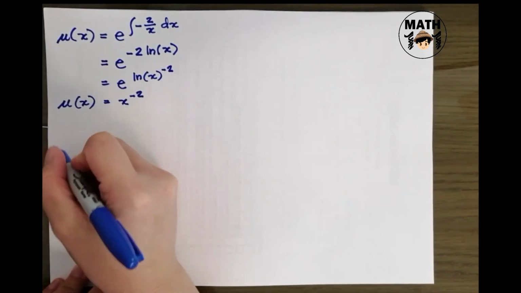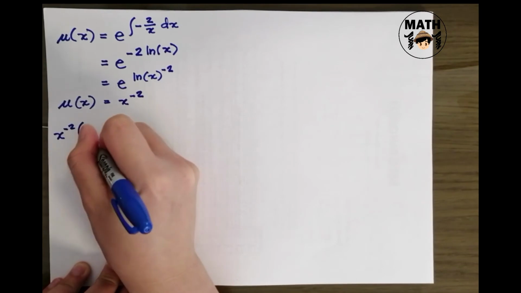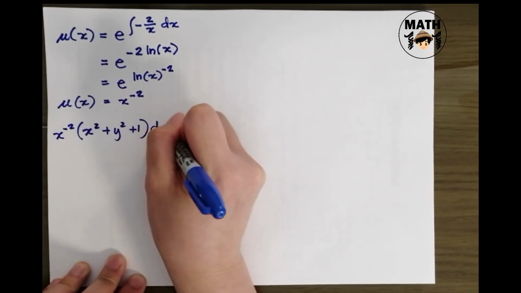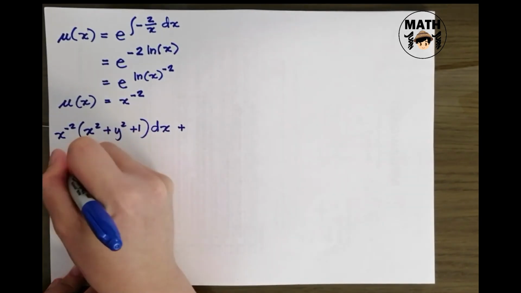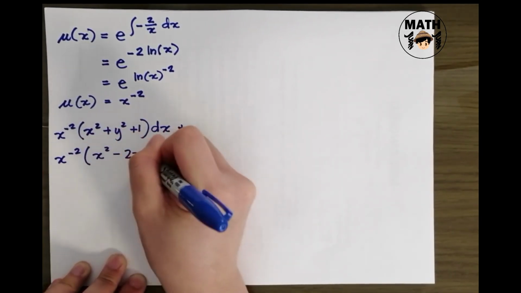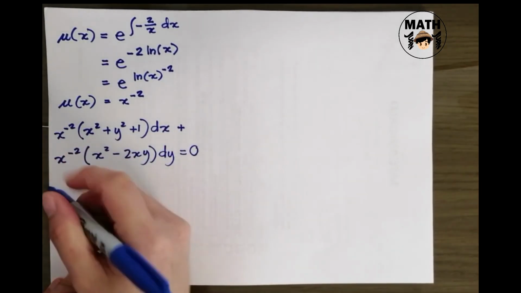Multiply lang natin siya from the previous equation, x raised to negative 2 times x squared plus y squared plus 1 dx plus x raised to negative 2 multiplied by x squared minus 2xy dy equals 0. Simplify lang natin to.